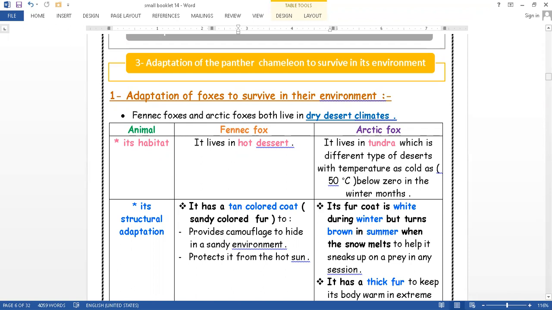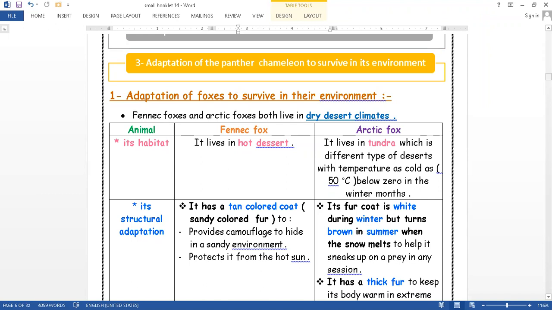But that's during the winter. In the summer, the snow melts, so the fur has to change. Why? To blend with the new environment. So we will find that the fur in the summer changes to brown.